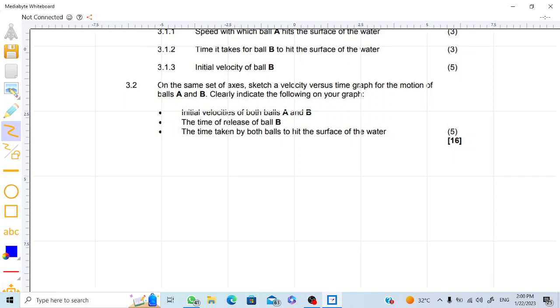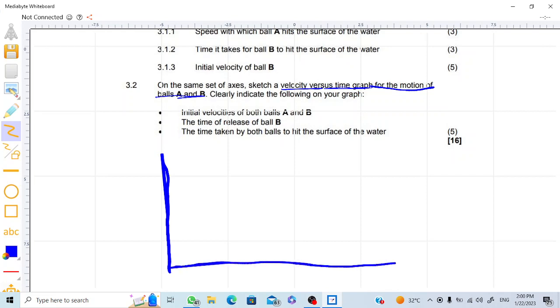You need to show that you are drawing a velocity versus time graph between ball A and ball B. This is your title, for the motion of balls A and B. Then after writing that title, you now draw something like this. Okay, this is your initial point.